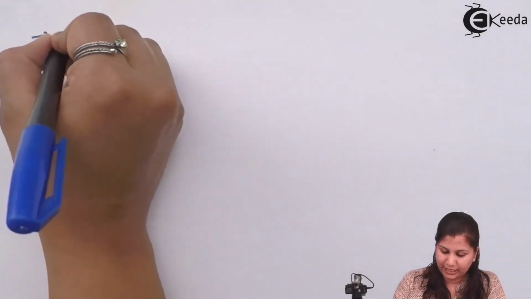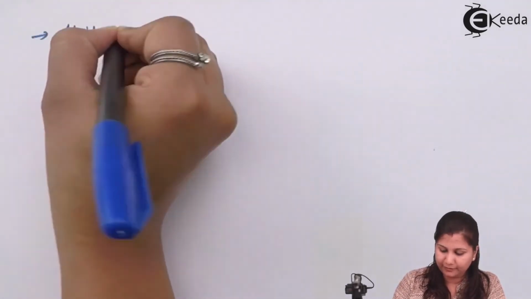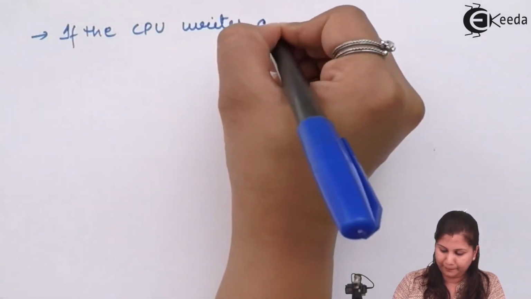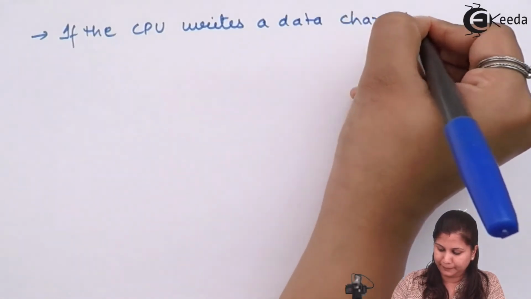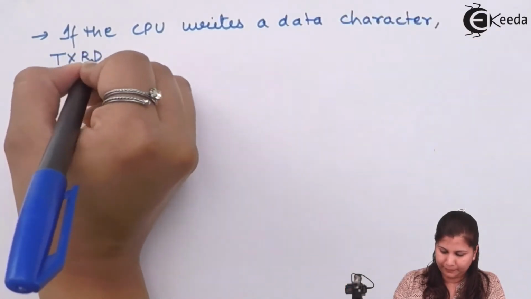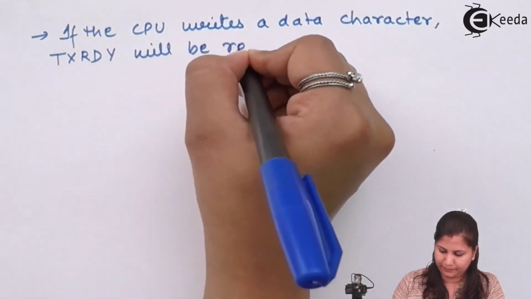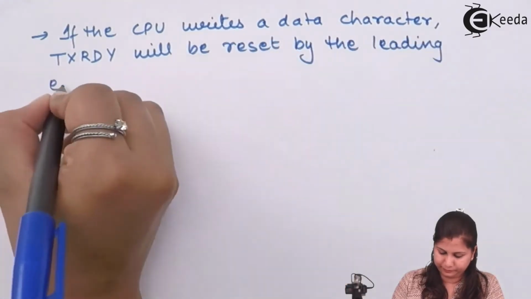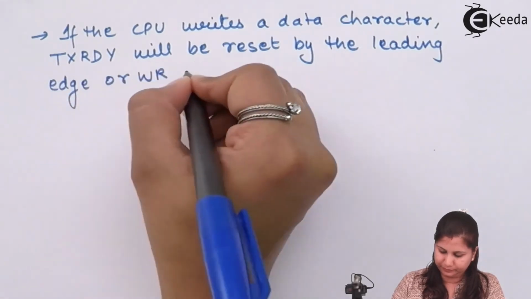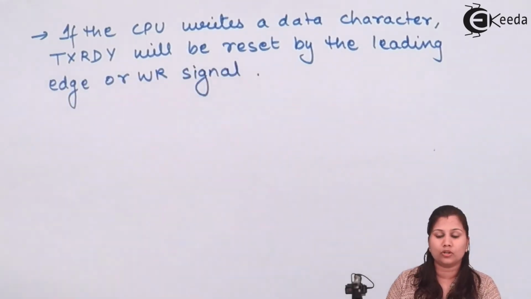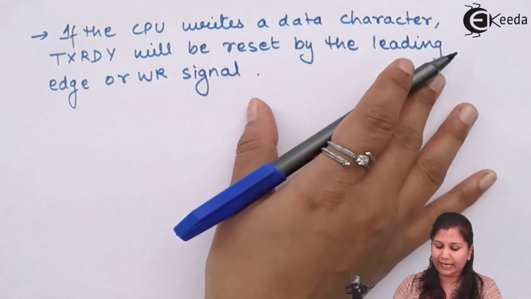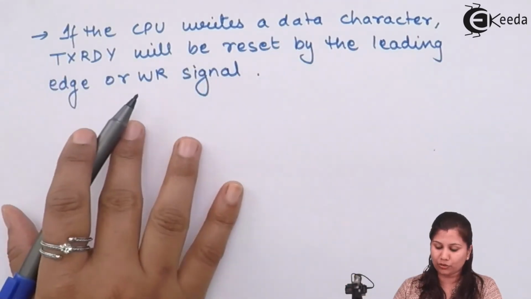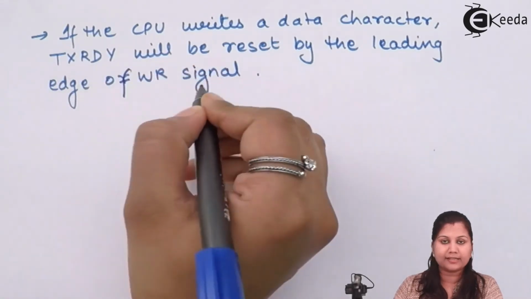So if the CPU is writing the data character, the TX ready signal will be reset by the leading edge of the write signal.